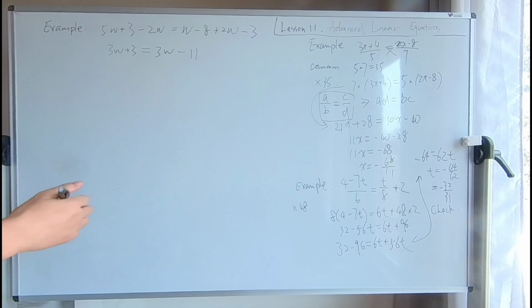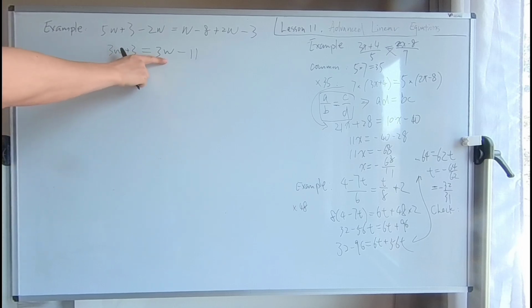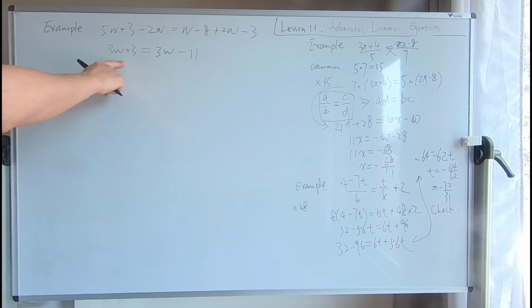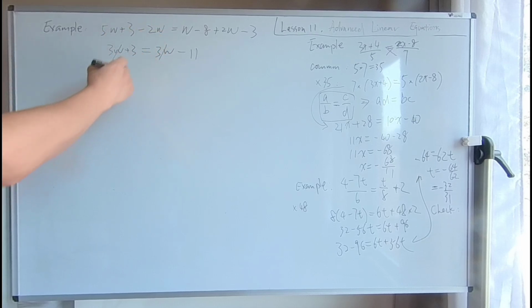And if I'm trying to move the unknown to one side, I should move 3w over there. It becomes minus 3w. Or you already see that I have 3w's on both sides of the equation. They can be cancelled out. Then I'm ending up with 3 equals minus 11.